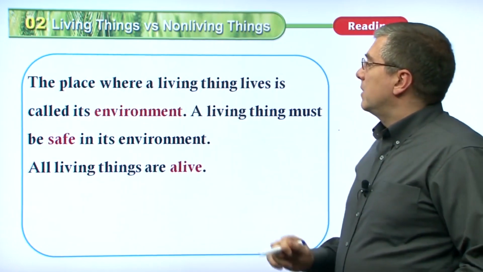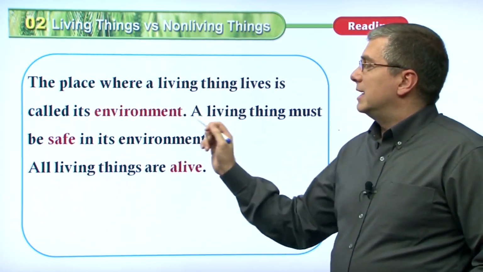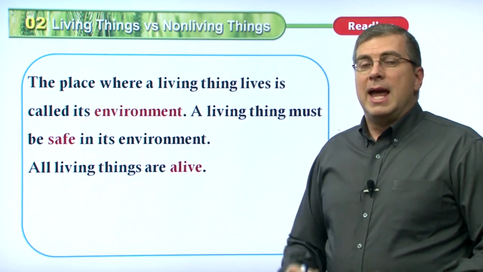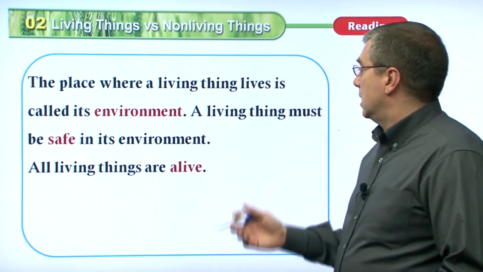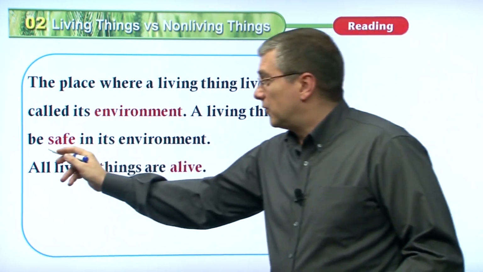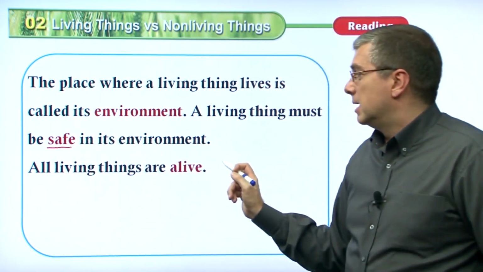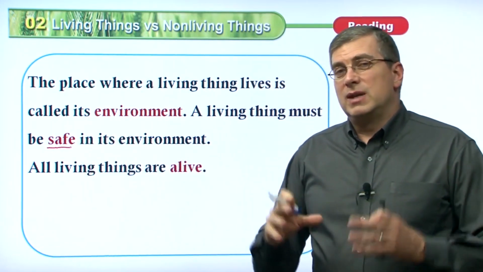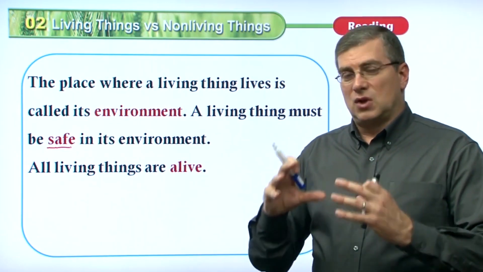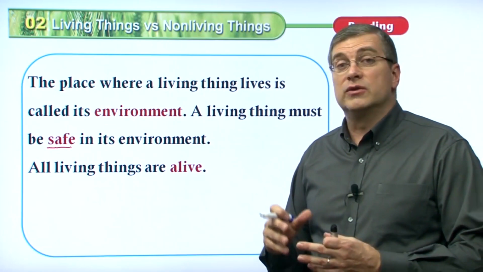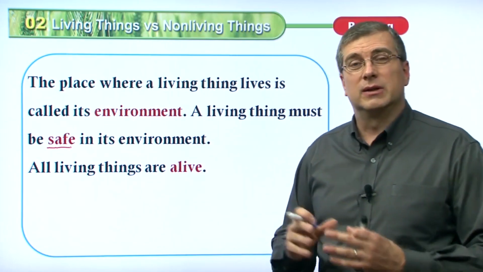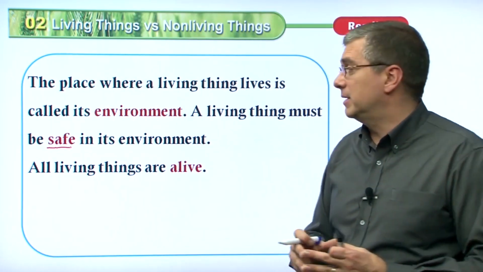The place where a living thing lives is called its environment, right? Animals and plants exist in an environment. A living thing must be safe in its environment. So we saw the picture of the turtle shell, right? The turtle uses the shell to be safe in its environment. Many animals use homes or shelters to live or to be safe in their environment.